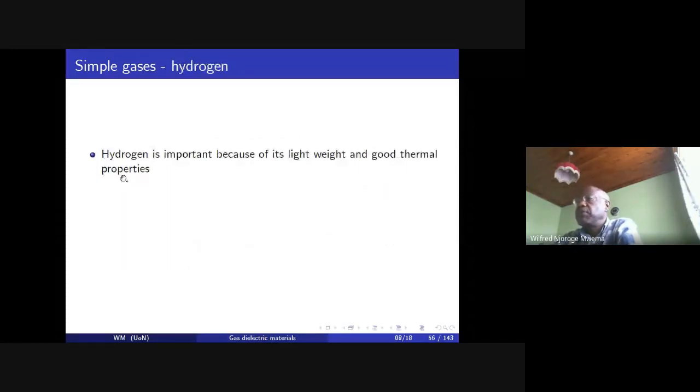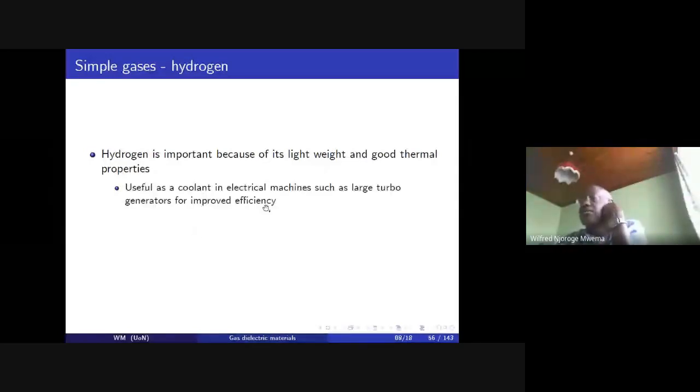Hydrogen is important because of its light weight and good thermal conductivity, especially when you are trying to do space equipment and the like, where weight is usually a factor. It's useful as a coolant in electrical machines, such as large turbo generators, for improved efficiency.